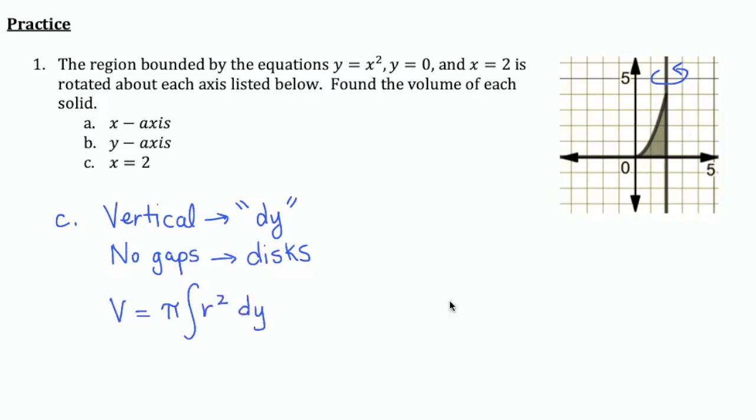Now I need to determine the value for little r, which is the radius. And because I have a dy integral, I need to get little r in terms of y. So when it's time to determine little r, what I want you to notice is take a point on the axis and go across the function to the edge in a couple different locations, and you can see that r is changing its length.